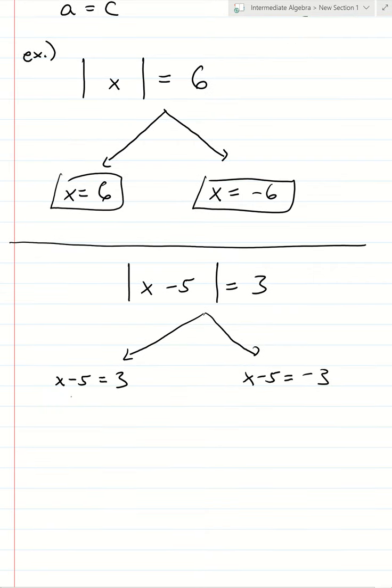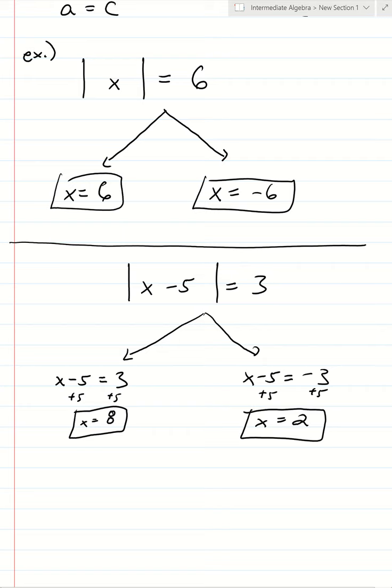For the first one, I have to add, of course, the 5 over, giving us now x equals the number 8 as one solution. The second solution we get by adding the 5 over, and so now x would equal the positive 2. That would be our second solution to that absolute value equation.